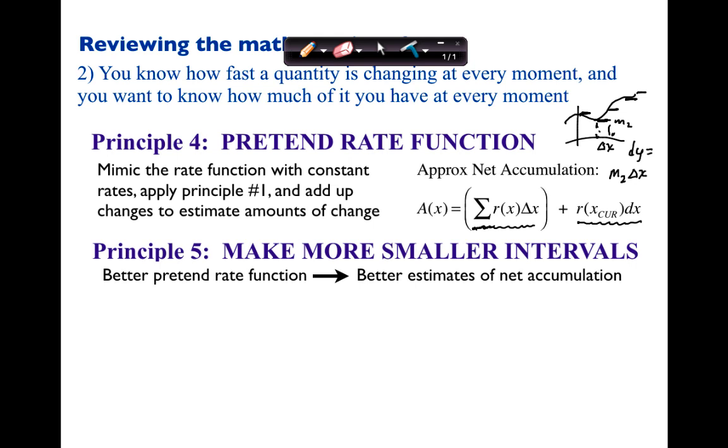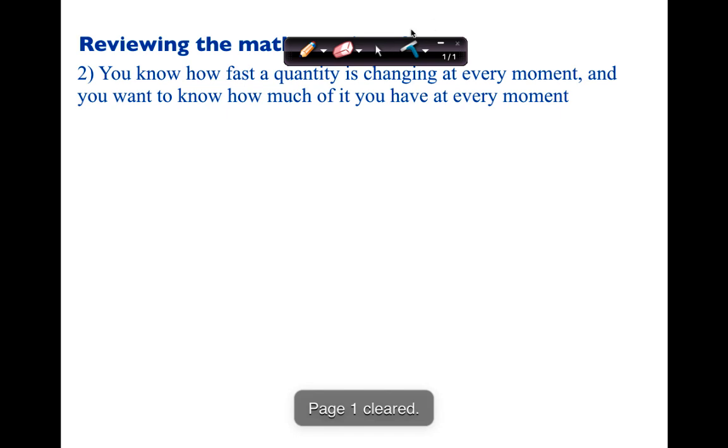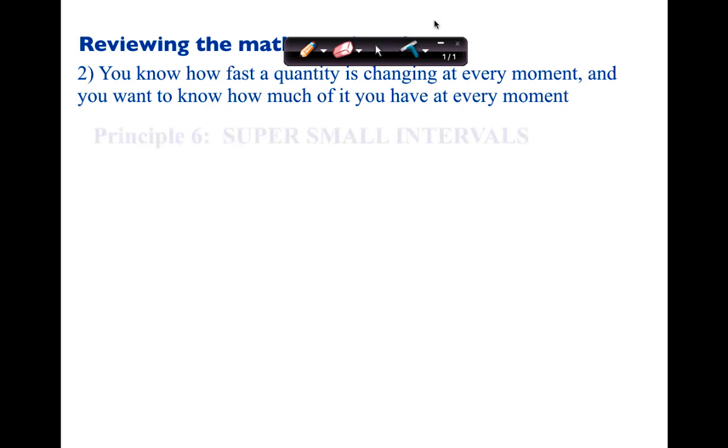And then taking that to the extreme. So here's for that flag lowering problem. Here's a pretend function with really small intervals. And you can see it's doing a really good job replicating the original rate function. So from there, what do we do?